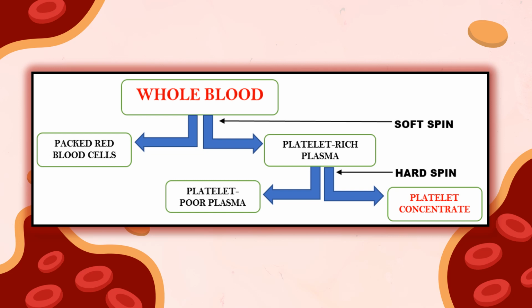So we perform a second batch of centrifugation, but this time hard spin or heavy spin. And this will separate your platelet concentrate from the platelet poor plasma. So this time, class, the sedimented component is your platelet concentrate while your platelet poor plasma is the supernatant.